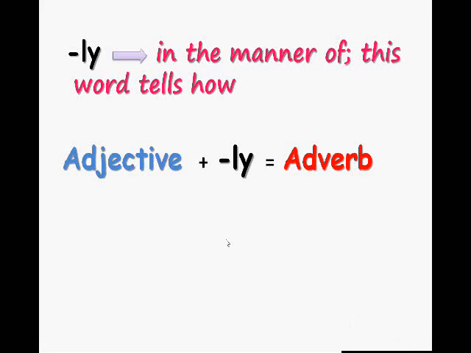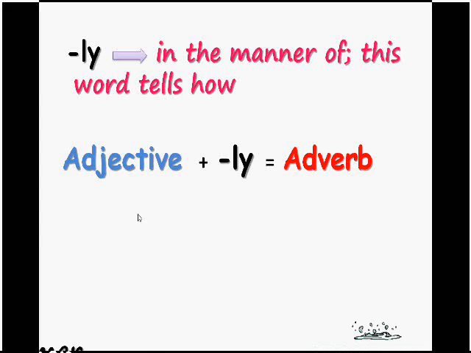If you have an adjective with ly at the end, then it is an adverb. If you have an adverb, which is a word with ly, if you just remove the ly, then you find the adjective. So again, this is a very good way in order to know the different parts of speech.